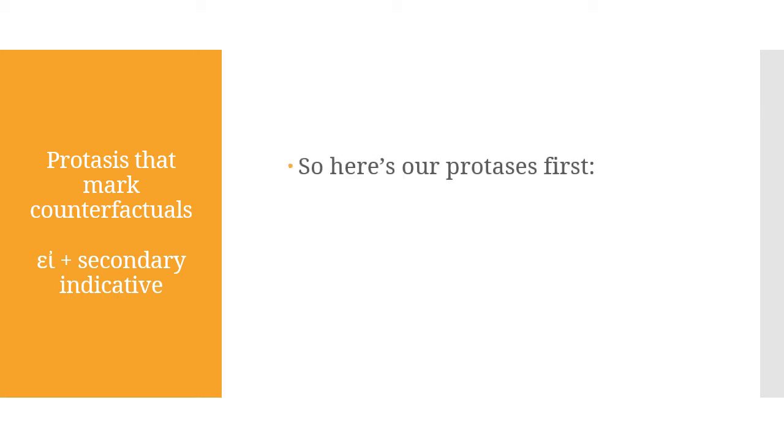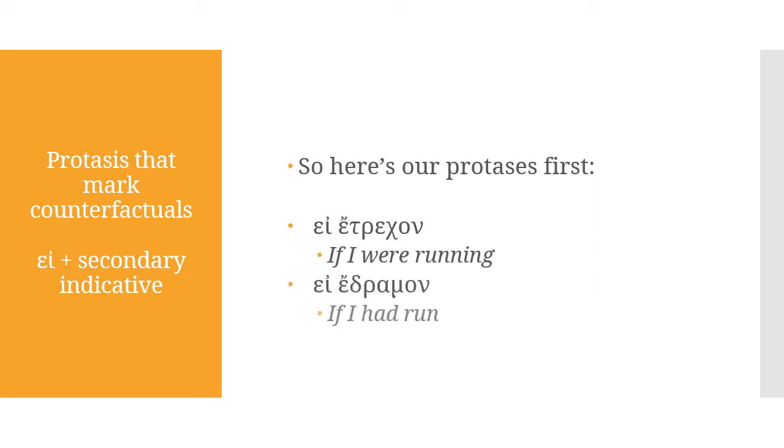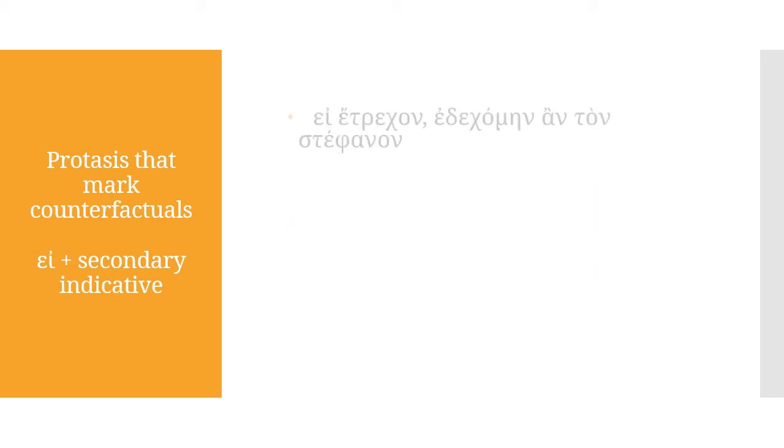Let's have a look at these in combination. Protasis first. Ei etrechon, if I were running. Ei edramon, if I had run. So etrechon, imperfect, edramon, aorist. Now let's put them into a complete clause, a complete period. Ei etrechon, edechomen an ton Stephanon.